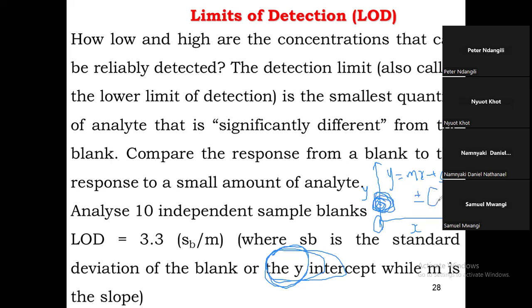This plus or minus is the standard deviation of your Y-intercept, which you can also use instead of the standard deviation. In fact, it is a standard deviation of the blank. Okay, I'm going to illustrate that as we go on in a particular example.